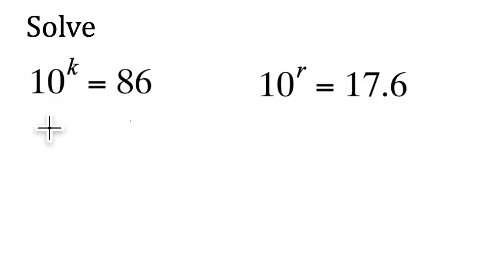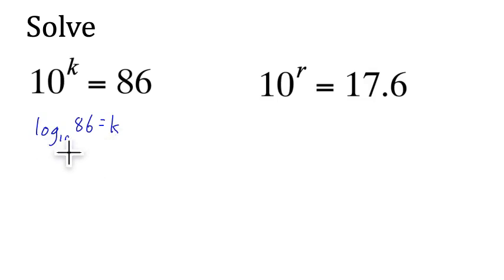And the log equals the exponent, so we're going to have the log expression equal to k. All right, so we'll have log base 10, so the bases match, of 86 is equal to the exponent. So we have log base 10 of 86 equals k.